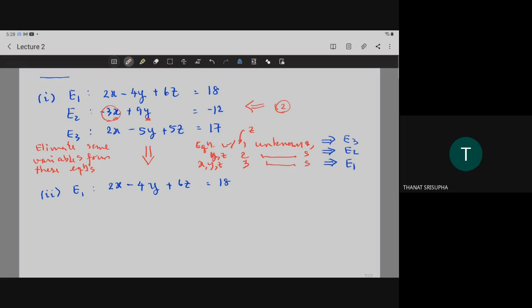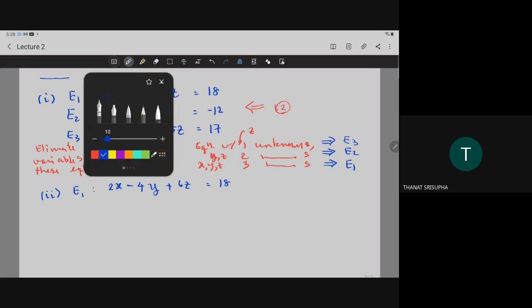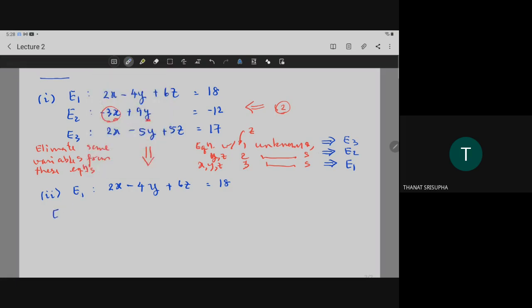Basically, one way I can do is I can add equation 2 with equation 1 multiplied by 3/2. But instead of adding 3/2, I'm going to write it as minus 3/2 equation 1.